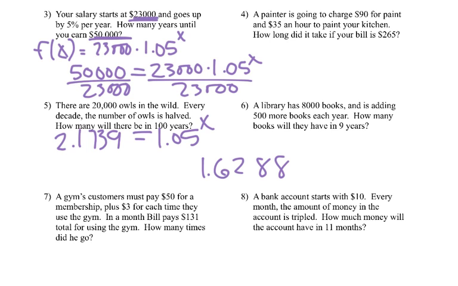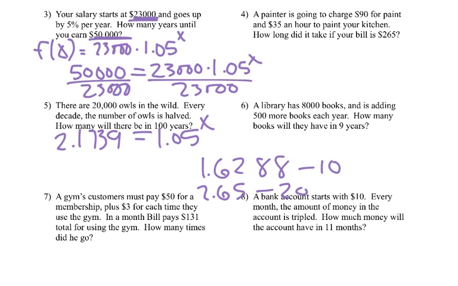So we want to maybe try 20 years. So 1.05 to the 20th, make sure I type that in right, would be 2.65. So that was 10 years, 20. We're going to be less than that.